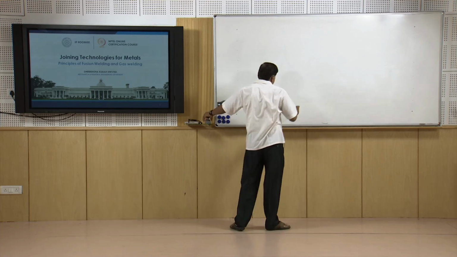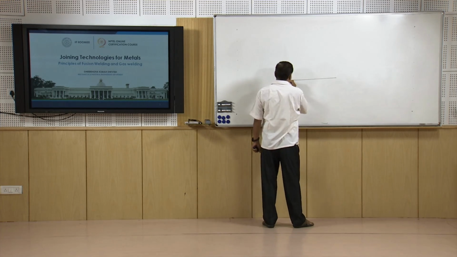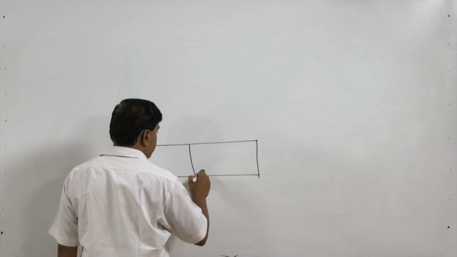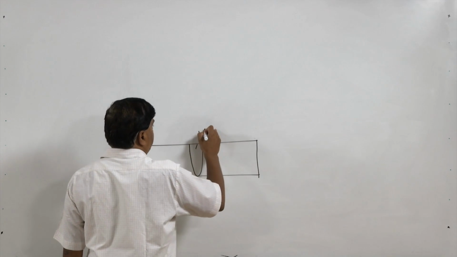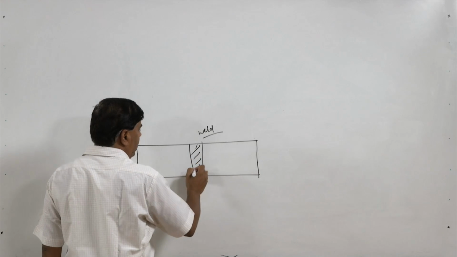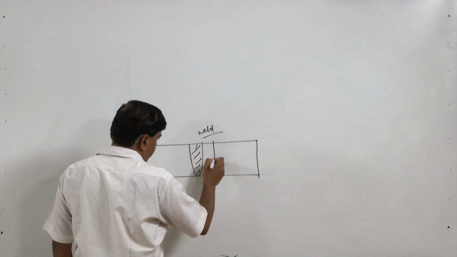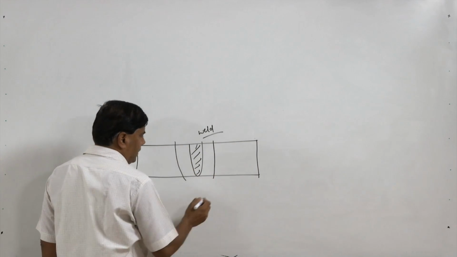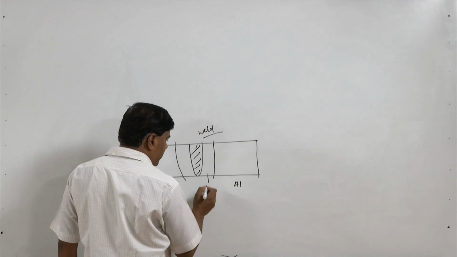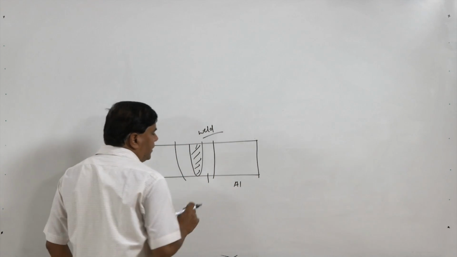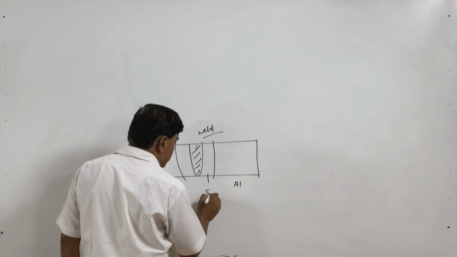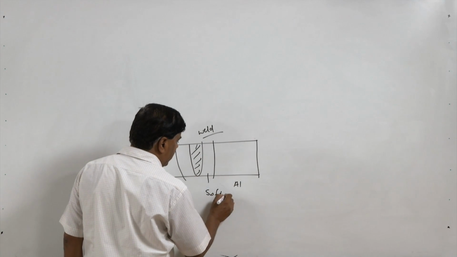So, efforts are always made to control the size of the heat affected zone. Now, we will see that different metals respond to the heat in different ways, especially in the heat affected zone. Say this is the weld area, and some metals like aluminum, this zone, due to the heat of the welding, usually get softened.